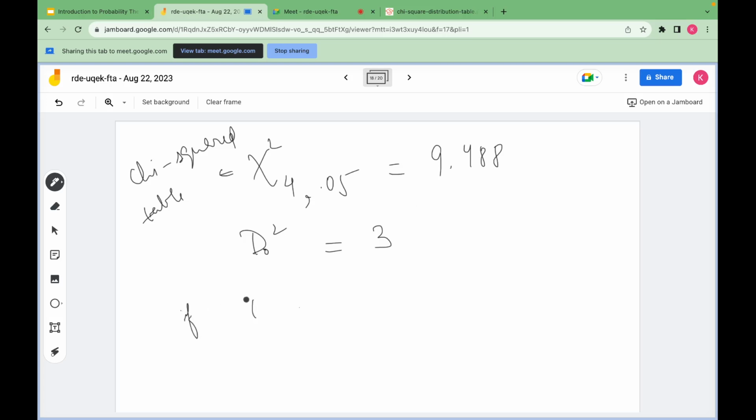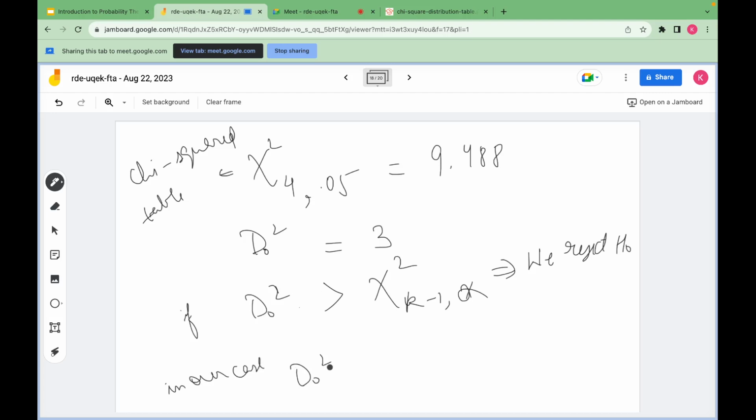So if this D naught square is greater than the chi-square k minus 1 comma alpha, then we reject H naught. But in our case, this D naught square is less than chi-square 4 comma 0.05. That's why we fail to reject H naught.